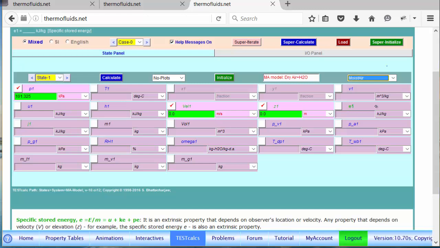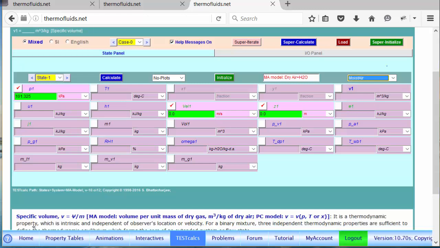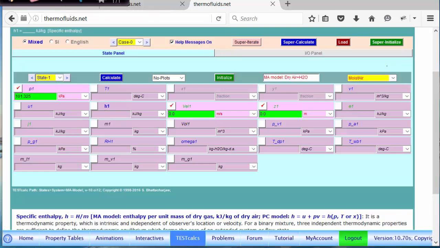Even though it's not written here, if you put the pointer over the variable in the message panel below, you will find this clarification. So whenever we select moist air, we have to understand the mass given here is mass of dry air.